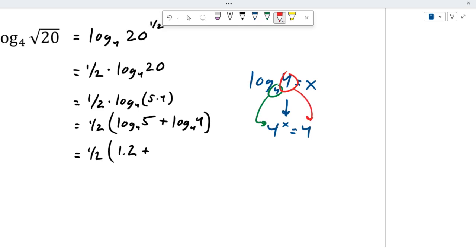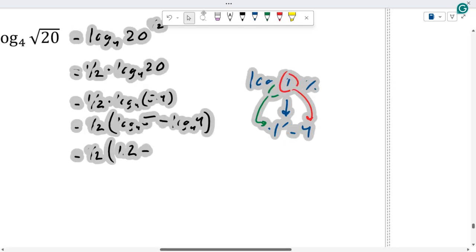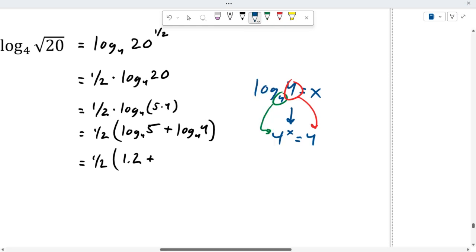So this 4 goes there. So ultimately the question becomes, what is the exponent that I want to raise 4 to get 4? All right, well, if that sounds like a silly question, it's because it is, because 4 to the first equals 4. That's the power that you raise 4 to get 4.